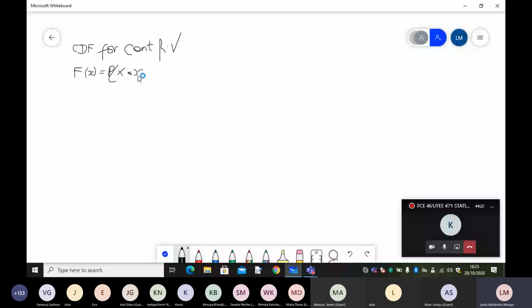The same principle applies, only that there's a difference between the discrete case and the continuous random variable.